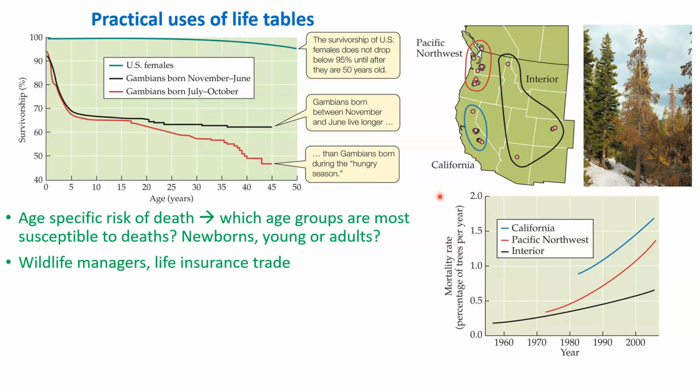They construct life tables, and they construct survivorship curves for different populations, because when they issue you a policy, they need to do a risk assessment, right? What is the risk of you dying, right? Particularly if this is a life insurance, your benefactor will actually inherit a large sum of money, right?